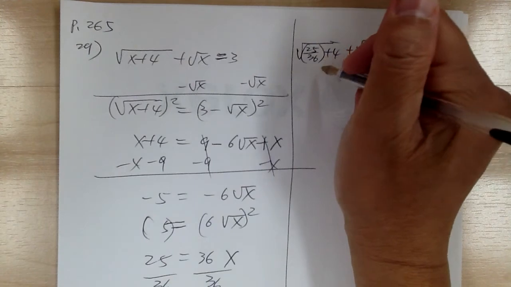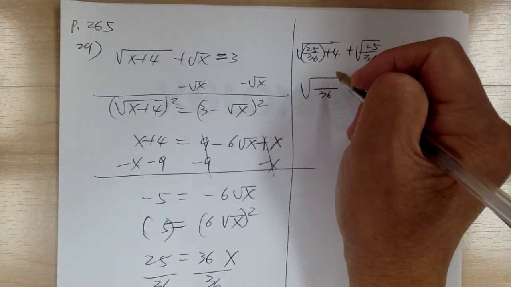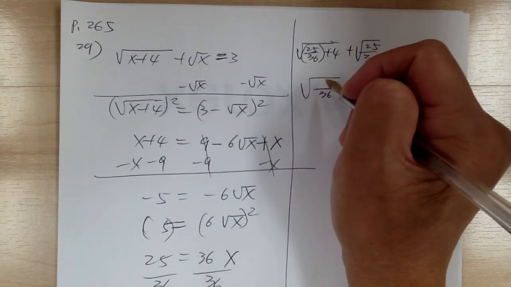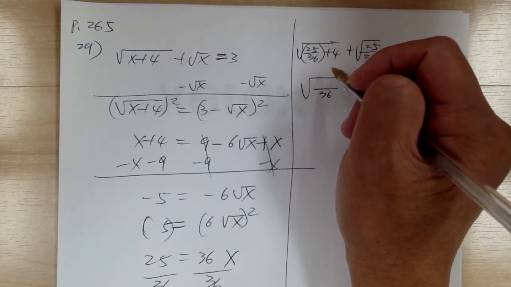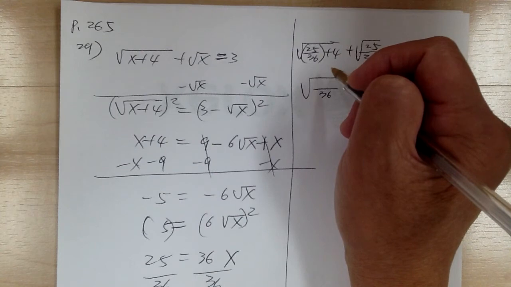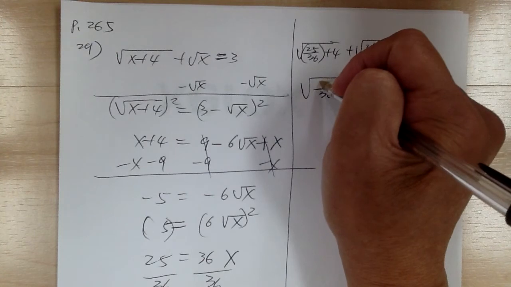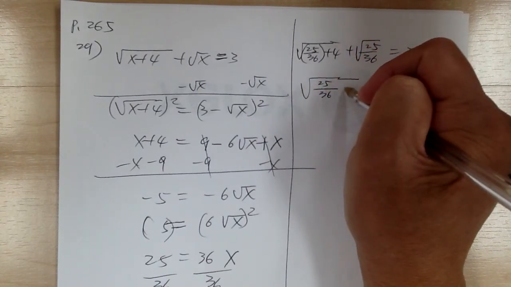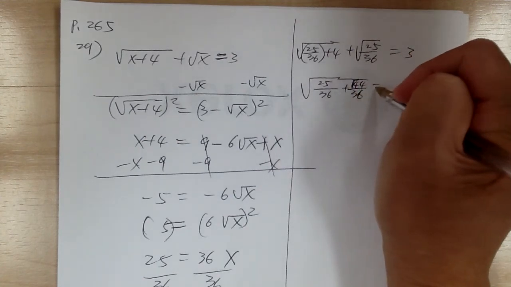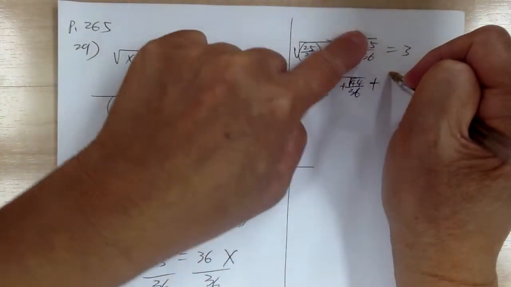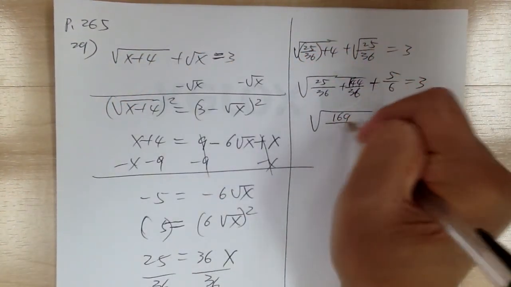So for this one you need to go ahead and add these together. Make it into a common denominator. And this one you can simplify: this is going to become 5 over 6. And when you add, you're going to get 169 over 36.